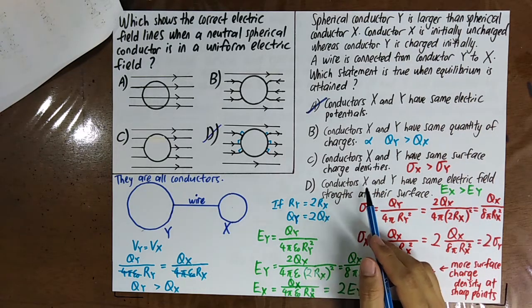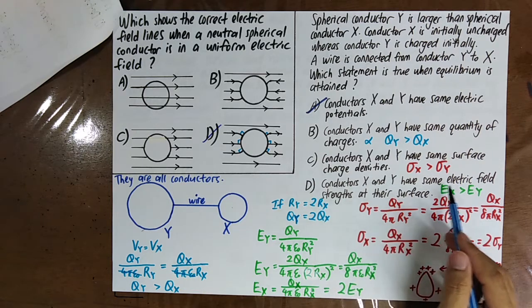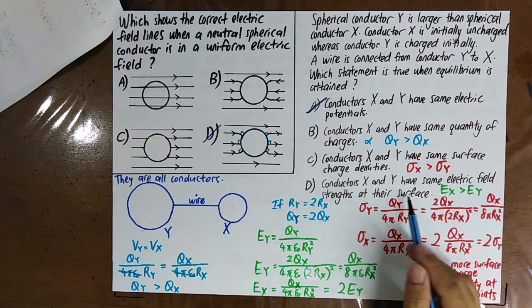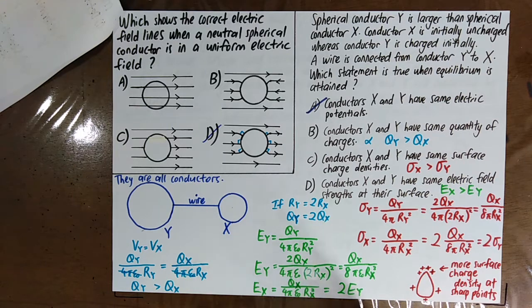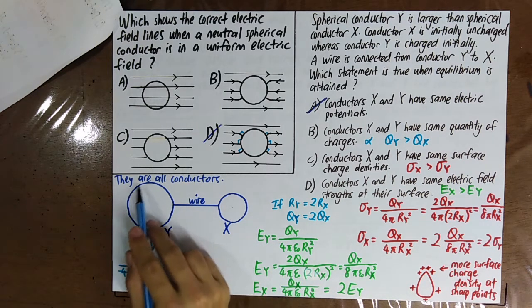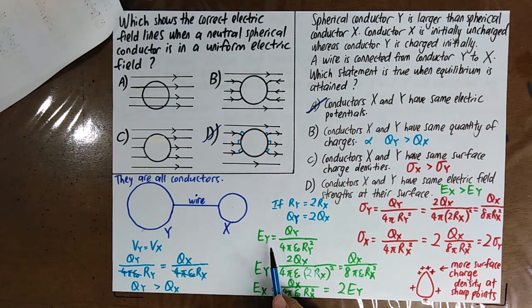Next, conductors X and Y have the same electric field strength at their surface. You need to find the electric field on this surface, which is Ey. Ey equals Qy over 4 pi epsilon 0 Ry squared, and then you substitute Qy equal to 2Qx and Ry equal to 2Rx, and you can find this expression.